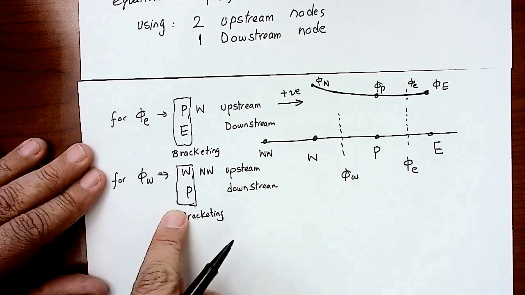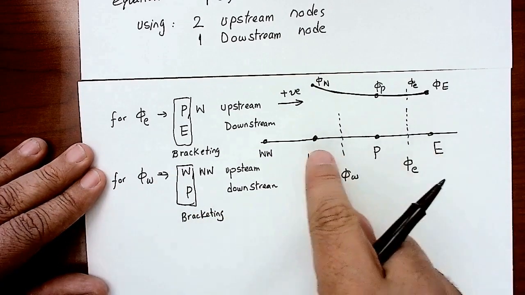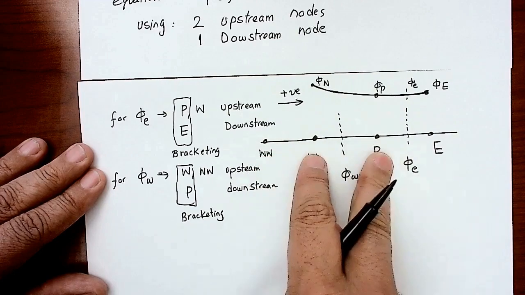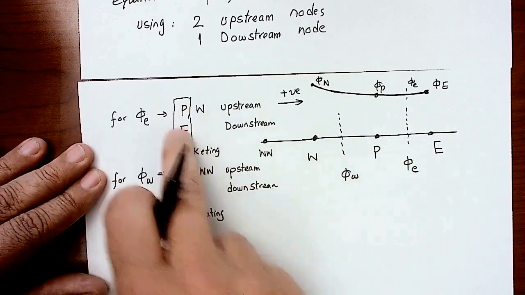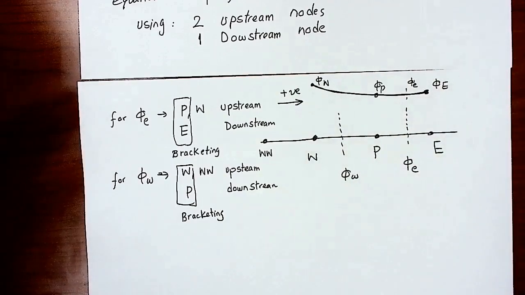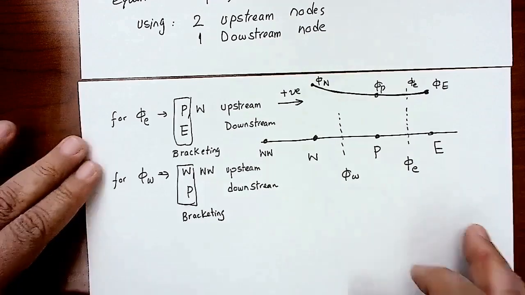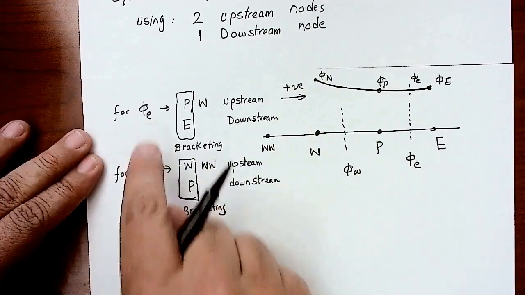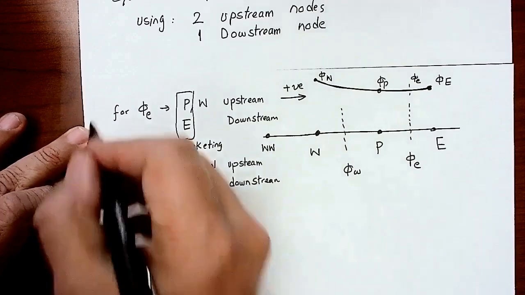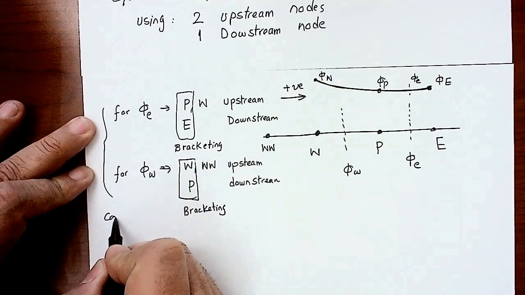So I have two bracketing nodes, and this will be the upstream node, right? Two bracketing and upstream, then two bracketing and upstream. So different reference books describe it in different ways. Okay? Then that's for approximating phi east and phi west, and these two are for the convection term.